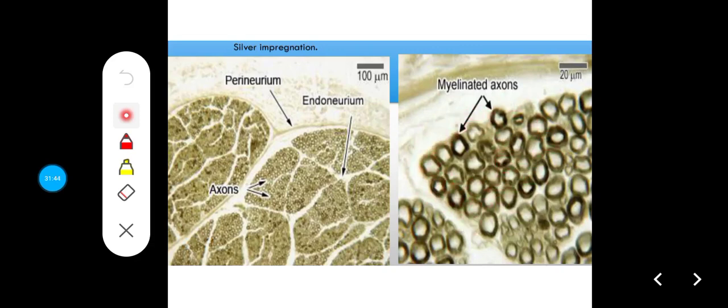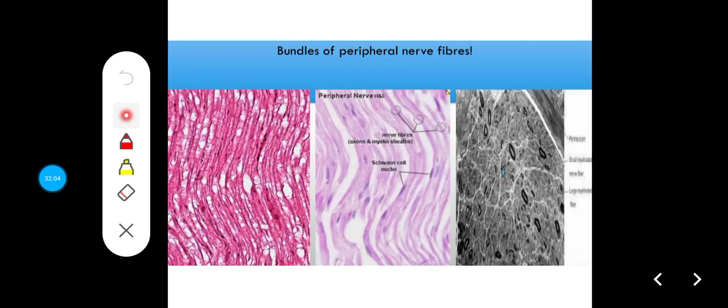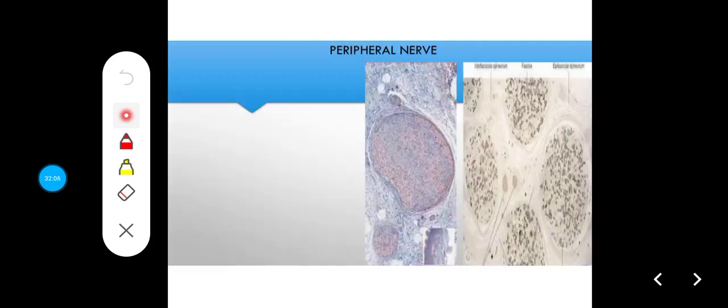Now, if you bring numerous fascicles together, they will be bounded by an outer epineurium. This is a perineurium because it contains numerous axons.